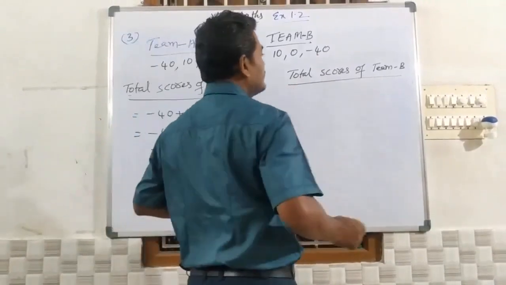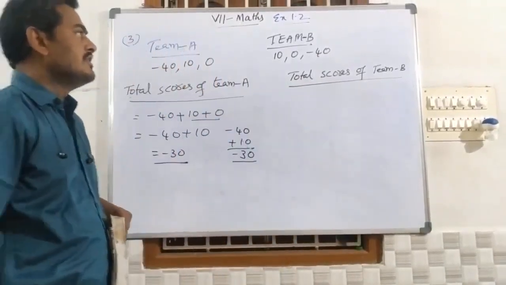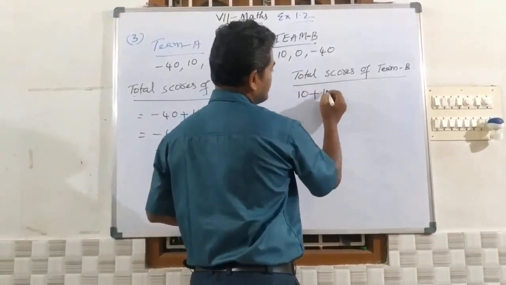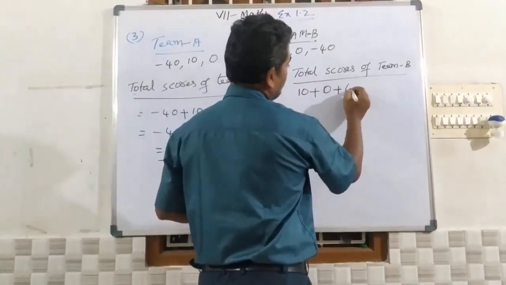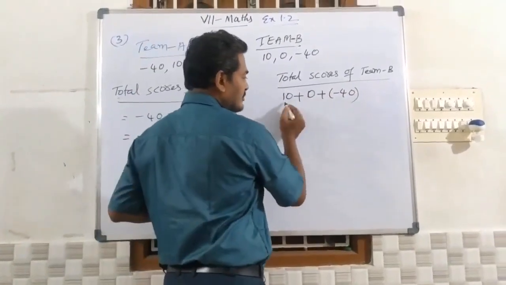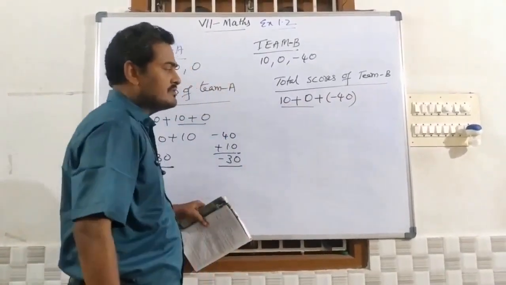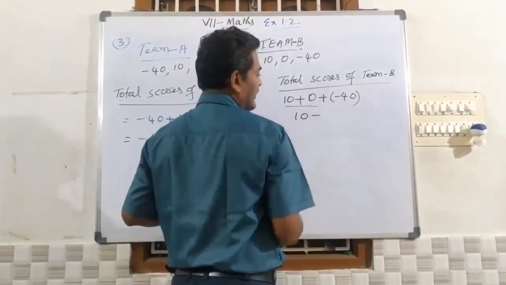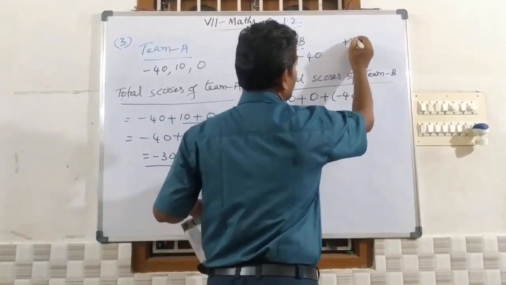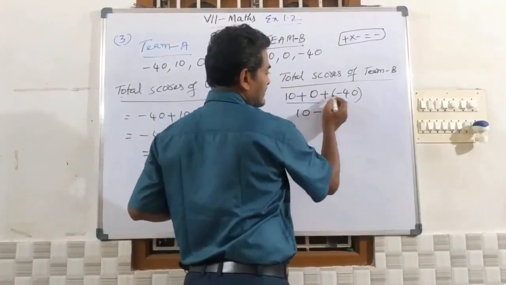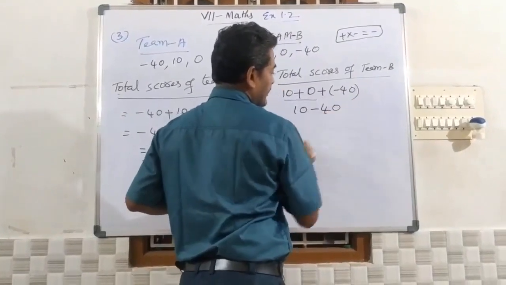Now come to the total scores of team B. The first round result is 10 plus 0 plus minus 40. Now 10 plus 0, any number plus 0, we get the same number. Then 10 plus minus 40.